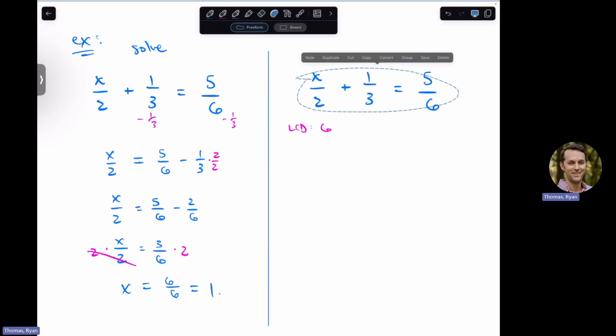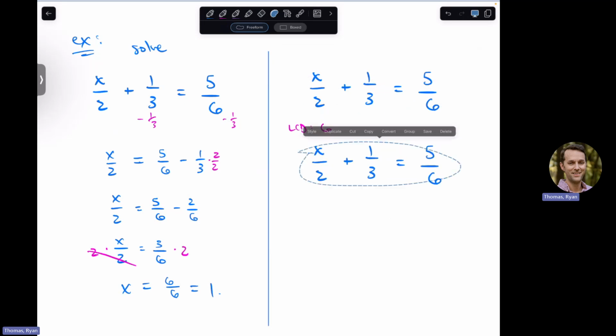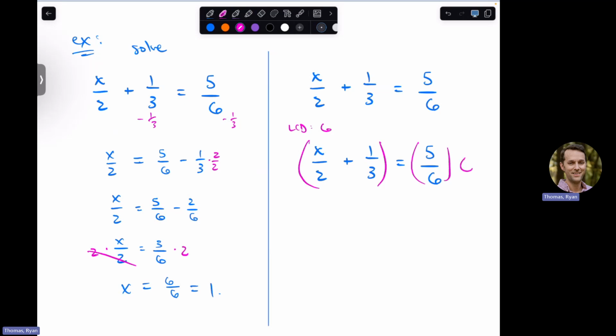Check this out though. If I take this thing and multiply the whole thing by 6, what happens? Yeah, 6/1, multiply the whole thing by 6. You got to distribute on the left-hand side because there's 2 terms there, right?